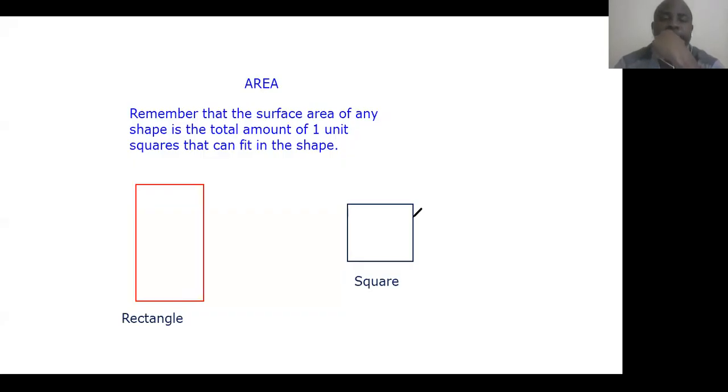Let me know when you can see the screen. Devonique, are you seeing the screen? Let me have a seat.